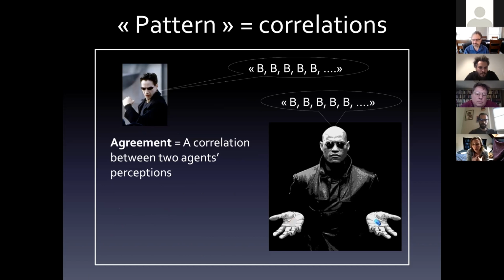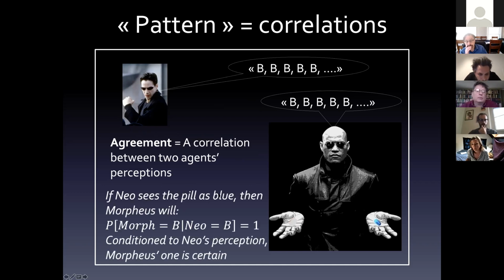Now, one step further, Neo and Morpheus can compare their perceptions, and they reach an agreement, which is nothing but also a correlation, but now between two agents' perceptions. And if Neo first sees the pill as blue, then Morpheus will too. So we have something more that conditions Neo's perception: Morpheus' perception will be certain.